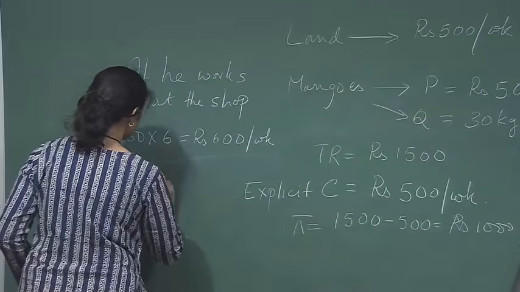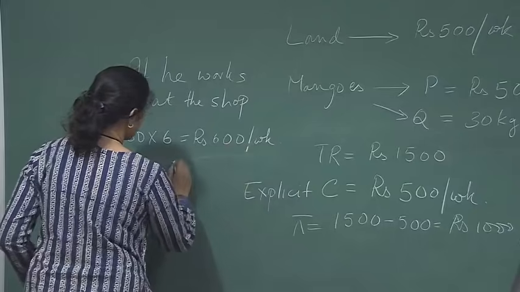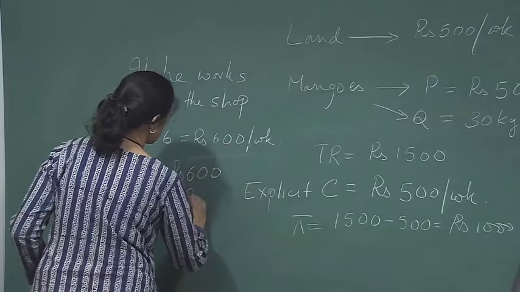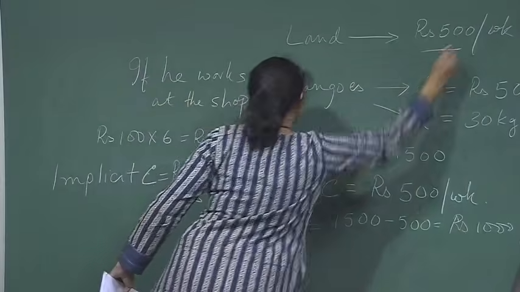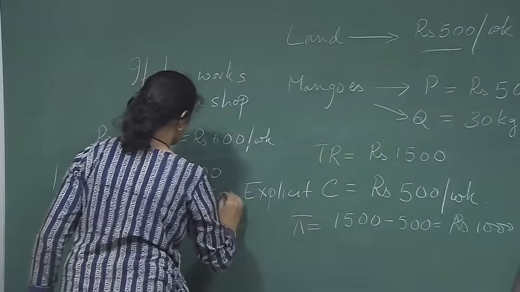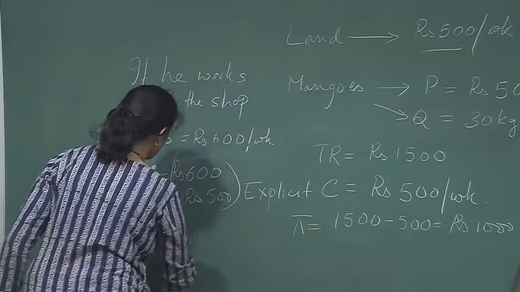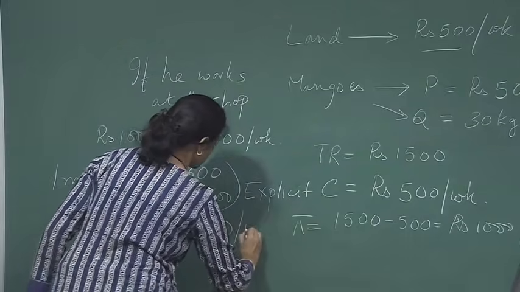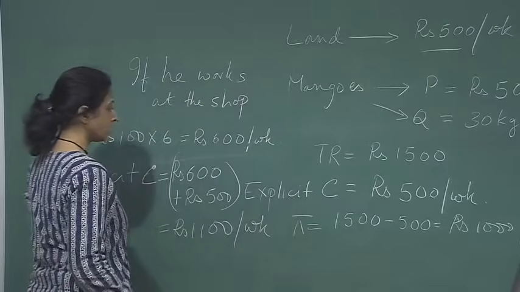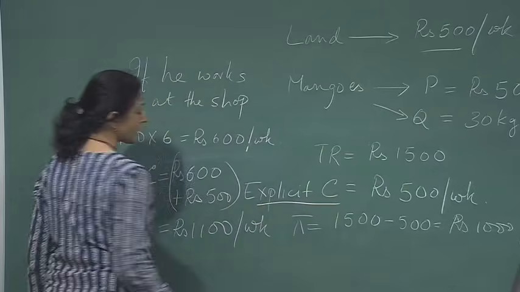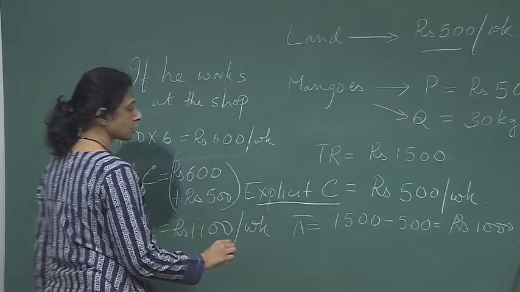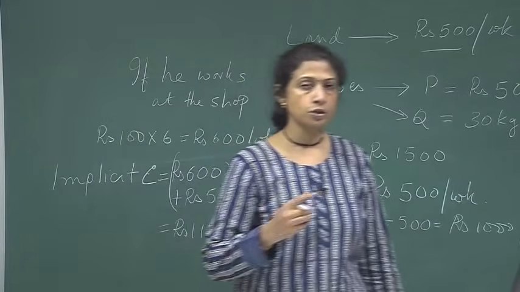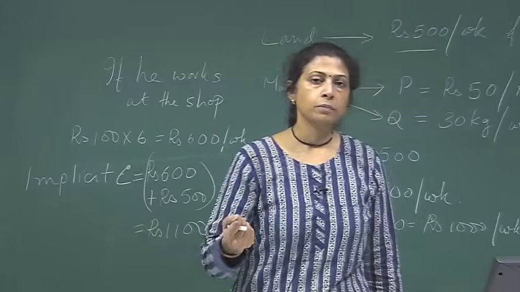So his implicit cost is equal to rupees 600 plus rupees 500 per week, which is equal to rupees 1100 per week. So this is my definition of explicit cost or accounting cost, which is basically the cost which I am having to pay by cash.